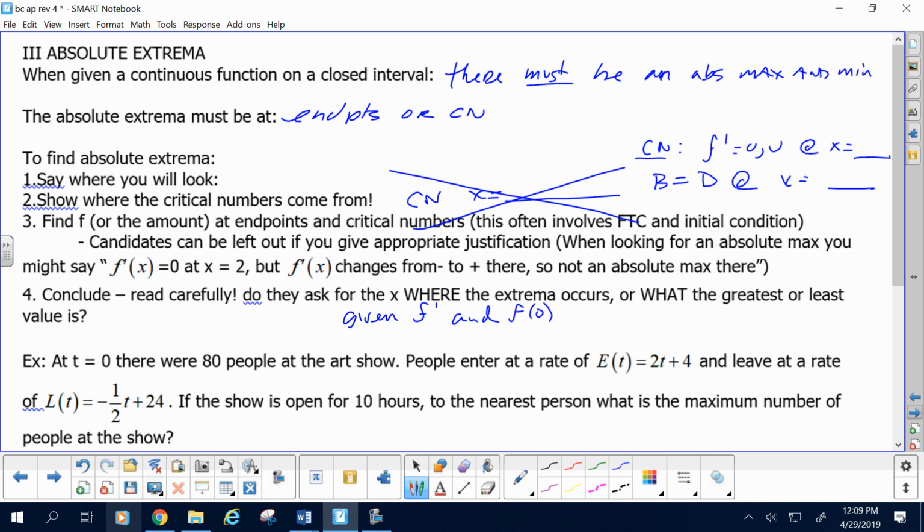You could just define the amount at any point by doing some kind of dummy variable, something like f at any point x is f at 0 plus the change from 0 to x of f prime. Even that without a dummy variable would be okay.